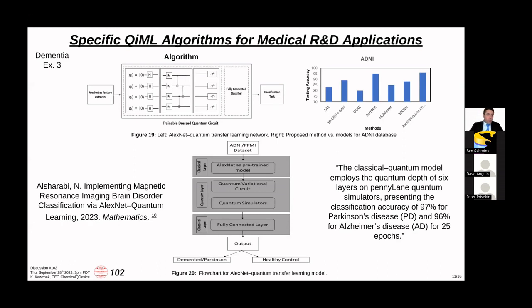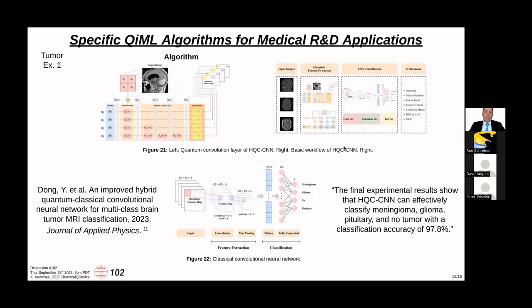And this was 2023 in Mathematics. They give a brief overview here as far as the output. It's binary classification. Any questions at this point, as far as the medical or the quantum, at this stage of these papers, for medical R&D?